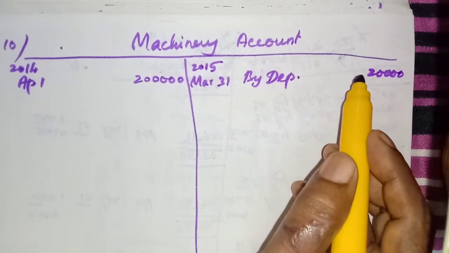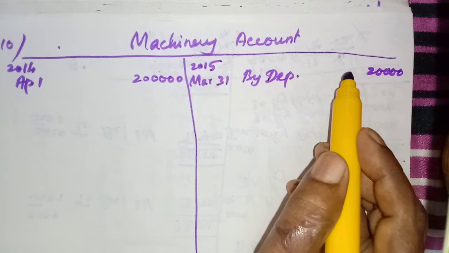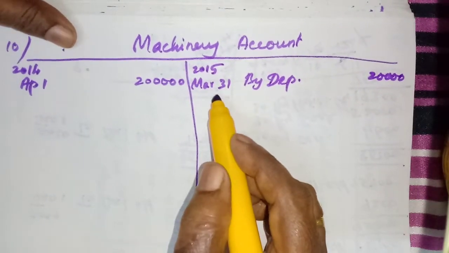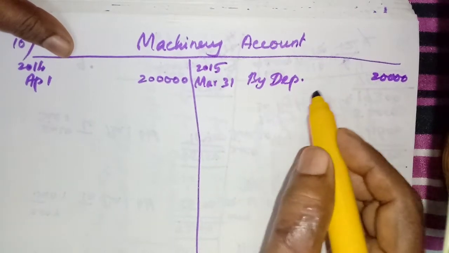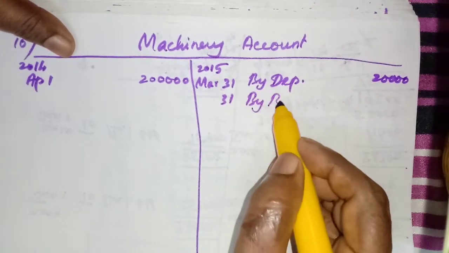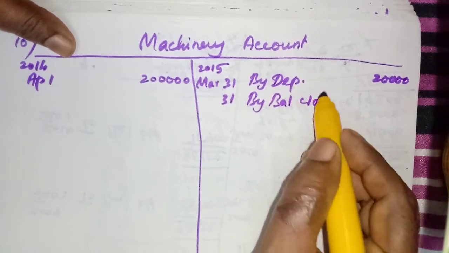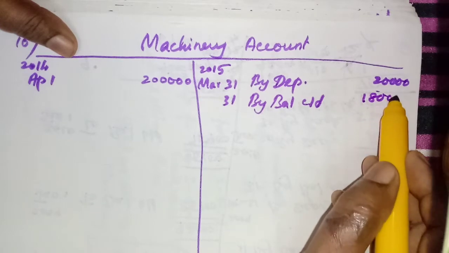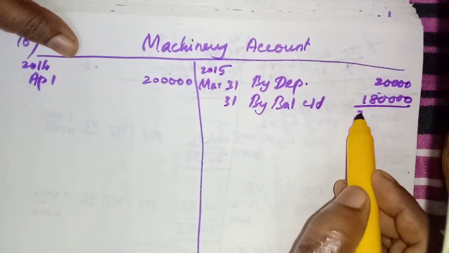Another machinery is purchased on which date? 1st October 2015, after this date only. So this year we can close. Okay, so 31 by balance carry down: 2 lakh minus 20,000, 1,80,000.